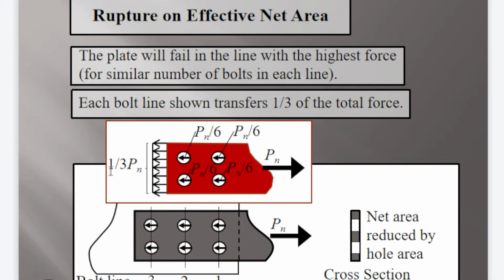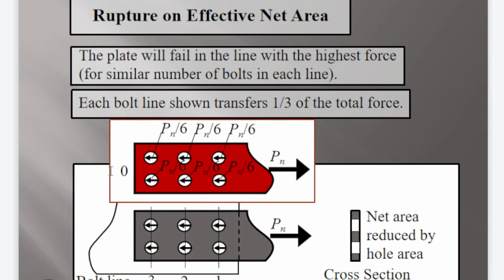And therefore, you can expect that after bolt line number 3, there is no tension load being resisted by the material. So therefore, the most critical cross-section of the material is the section before the first bolt line.